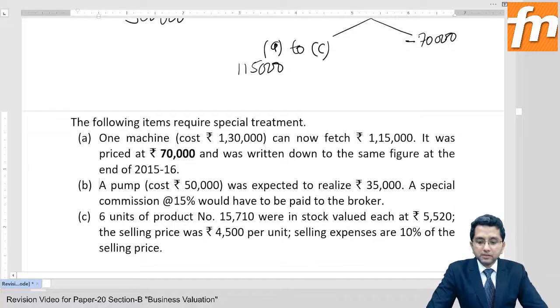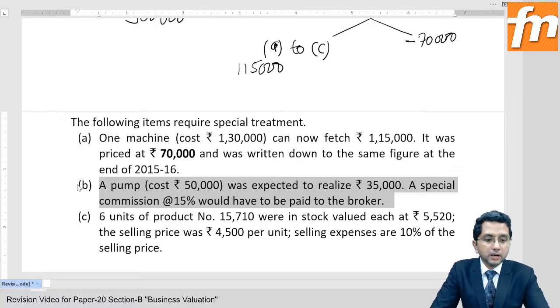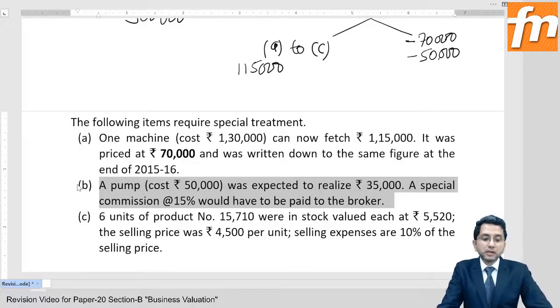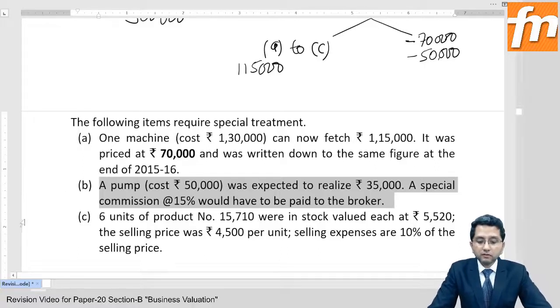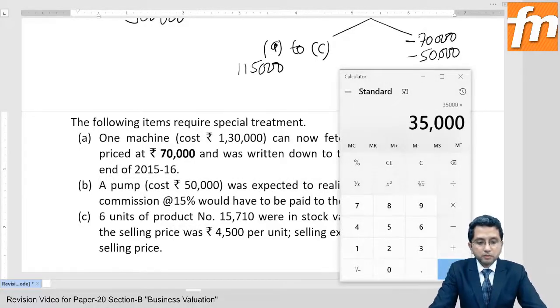Now a pump which costs rupees 50,000. So the second item is a pump which cost rupees 50,000 and was expected to realize rupees 35,000, but a special commission of 15% would have to be paid to the broker. So 35,000 should be multiplied by 0.85 because 15% is commission.